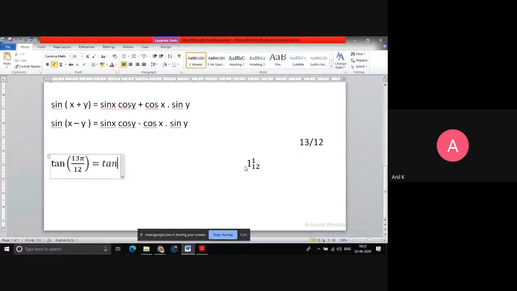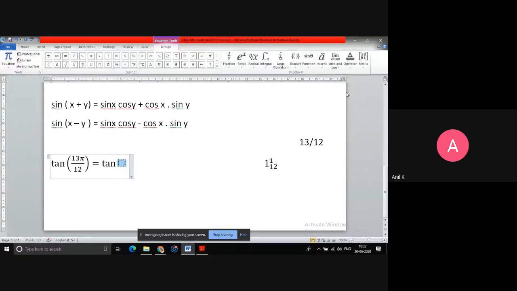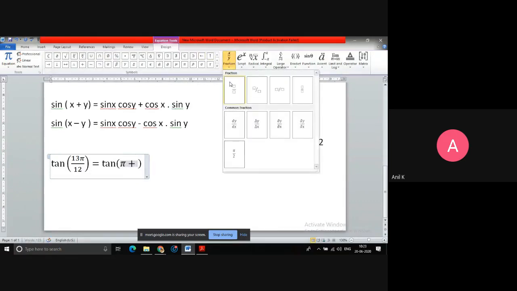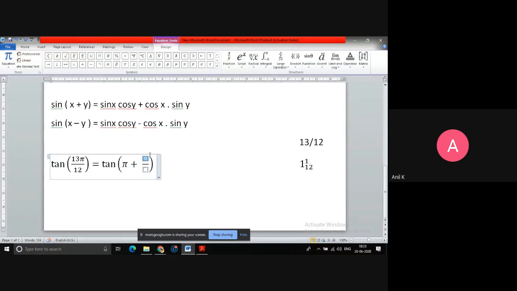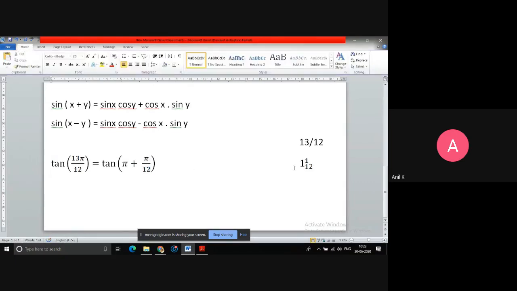Let me put the bracket. So here you can write pi plus pi by 12. Here 1 will multiply with pi.